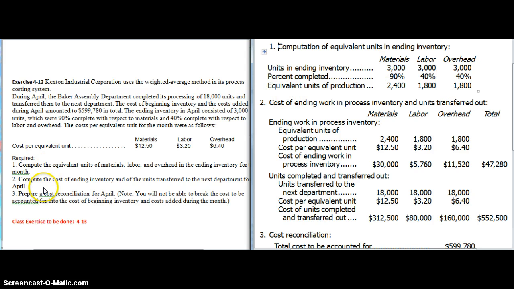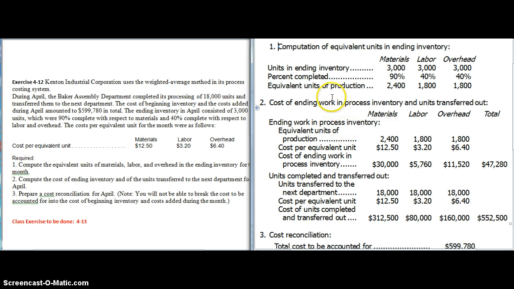The second question is to compute the cost of ending inventory and the units transferred to the next department, which means you have to calculate the total cost of both. You first begin with calculating the total cost for ending work in process inventory, for which you need two things.